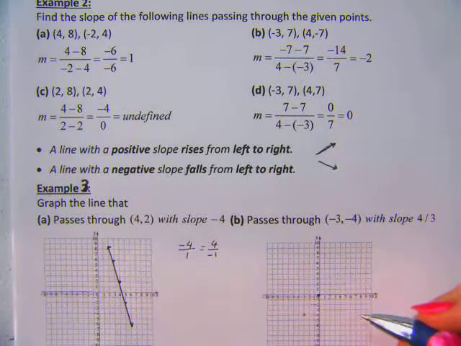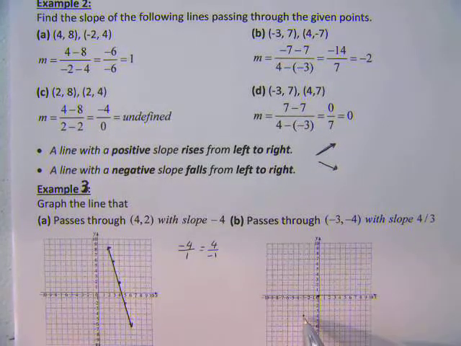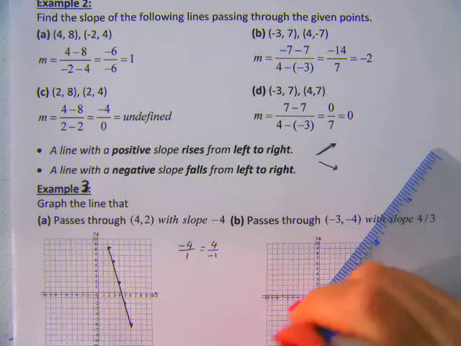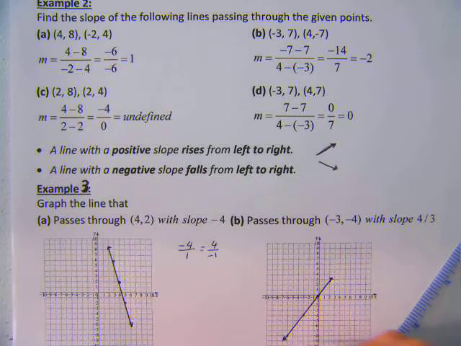And if you want to be sure, you can have another point where both are negative, so you can go down by 4, 1, 2, 3, 4, and left by 3, 1, 2, 3. Again, because negative over negative is also positive. This way you can make sure that your line is correct. And that's the line.